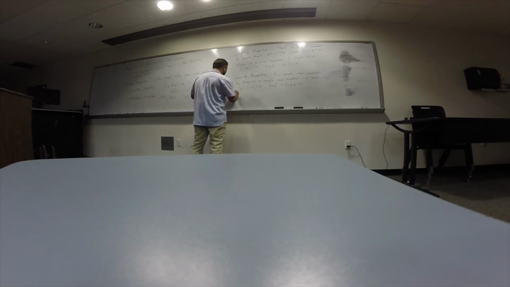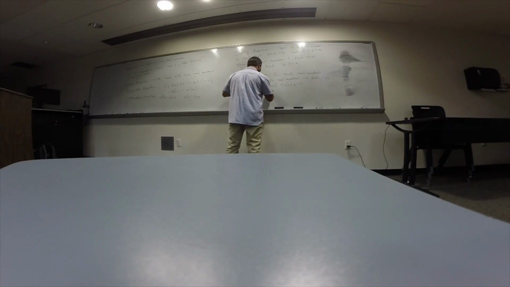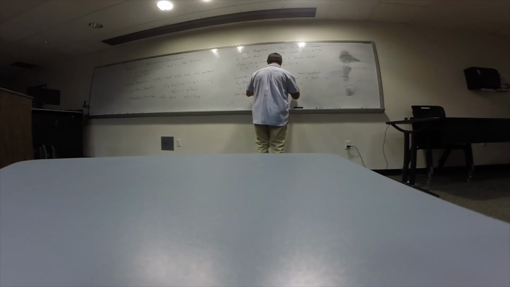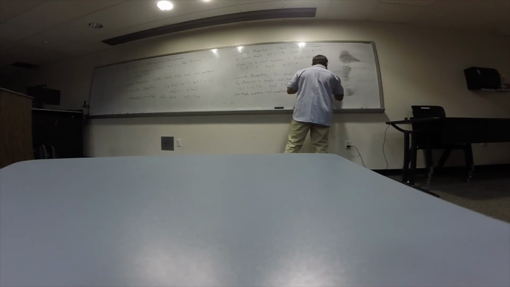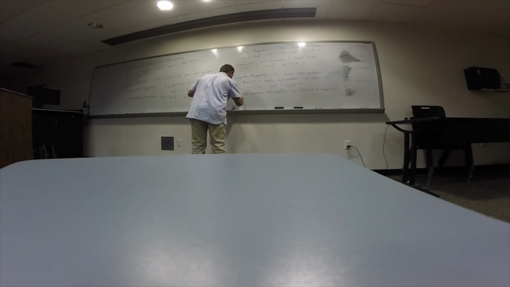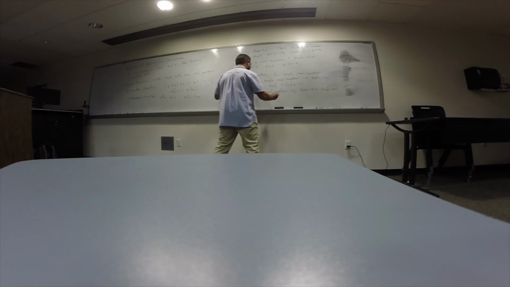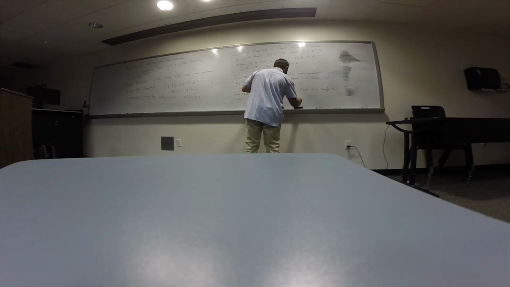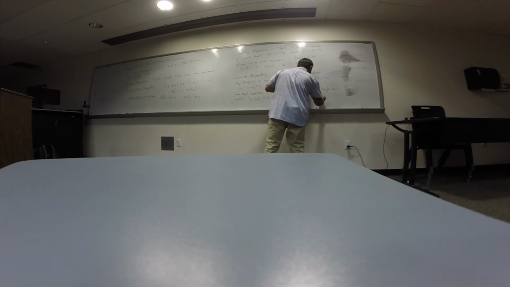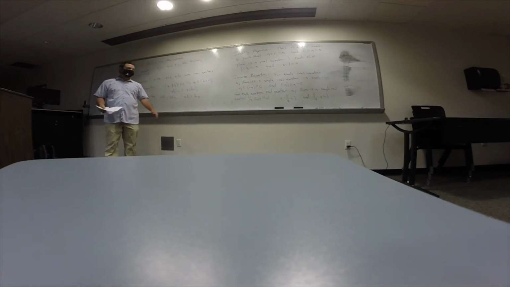Does the same thing for multiplication. If you have a real number A, there is a number 1 over A such that A times 1 over A equals 1, and 1 over A times A equals 1.